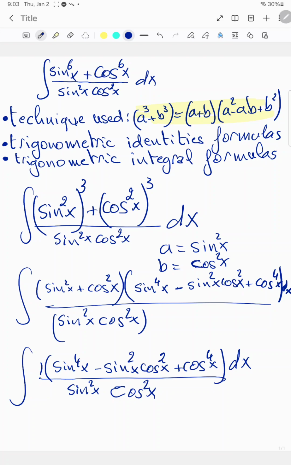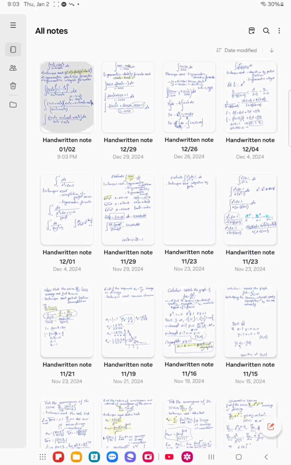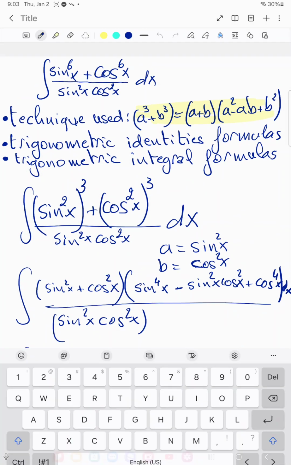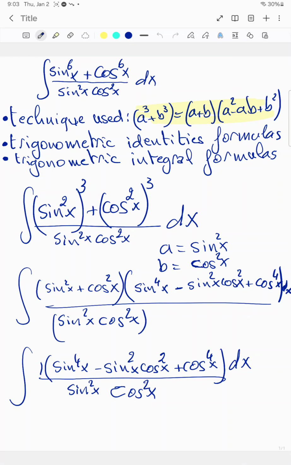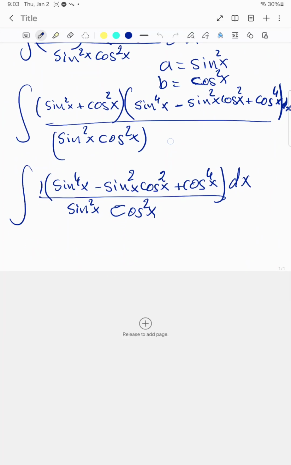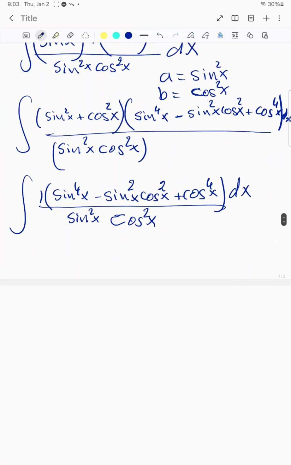Now I will distribute my denominator on every numerator. You'll see what I mean. 1 multiplied by anything is the anything, because 1 is the neutral element of multiplication.